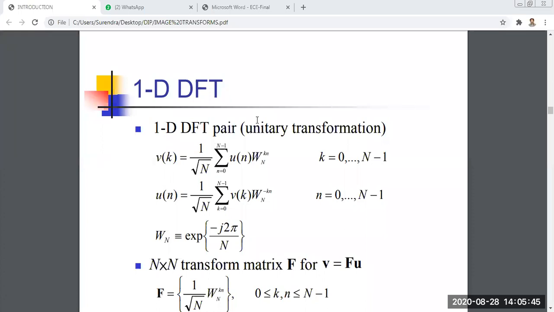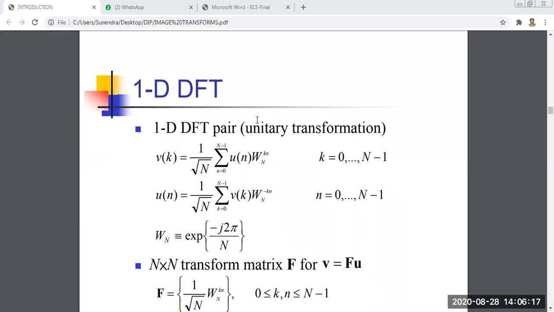As per your syllabus, there are 10 transformation techniques. First of all, there is a need for image transform: to analyze the signal or image in the spectral domain.